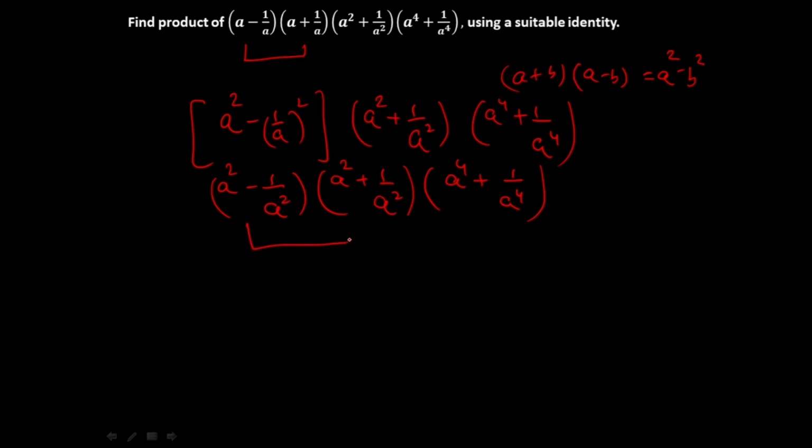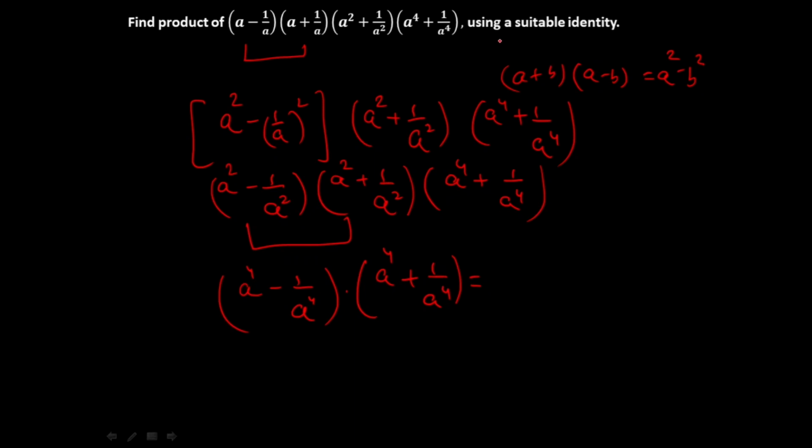Again, assume this is a minus b multiplied with a plus b. So if I use the same identity, I will be getting a power 4 minus, like this. I did it in short. I skipped 2 steps here. Then equal to, now this is again a minus b multiplied with a plus b.